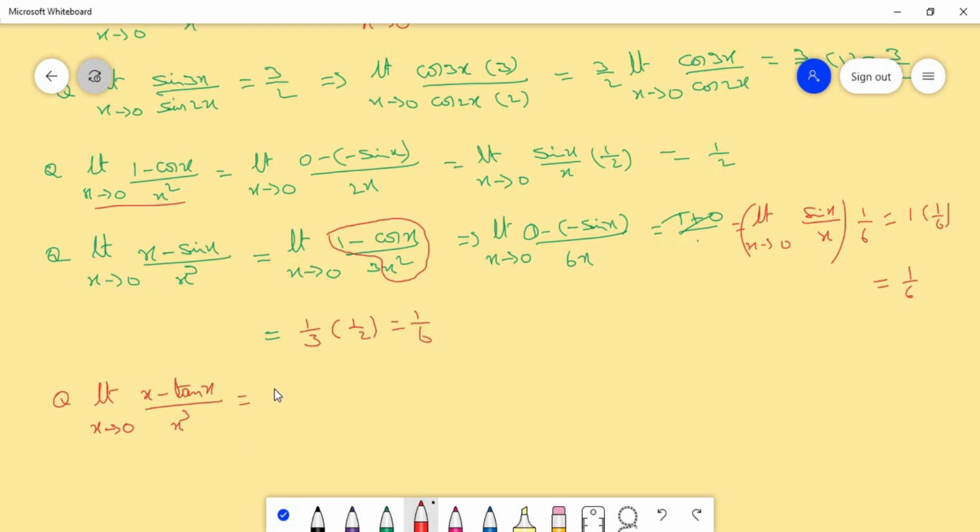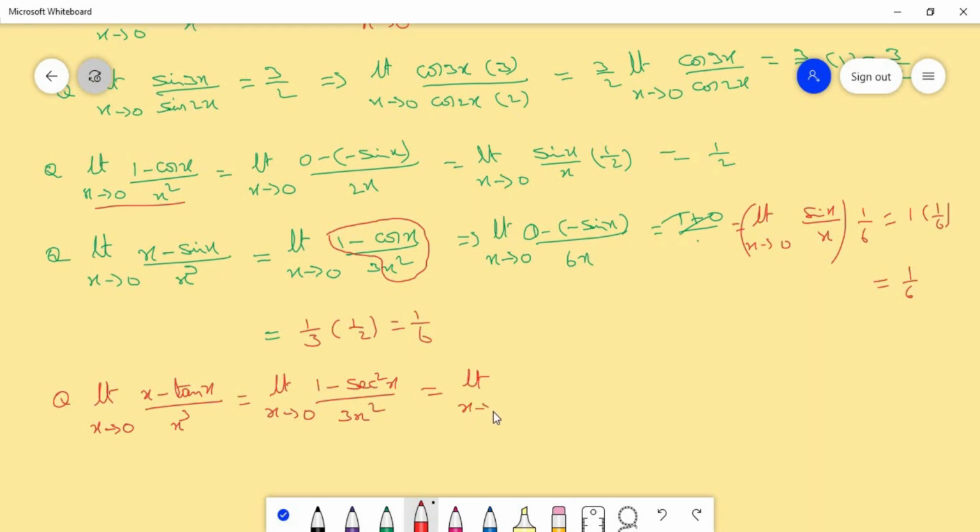Then do L'Hospital rule. Limit x tends to 0, derivative of 1 minus tan x is secant square x, and x cube derivative is 3x square. Then in the place of x put 0, secant 0 is 1, 1 minus 1 is 0.